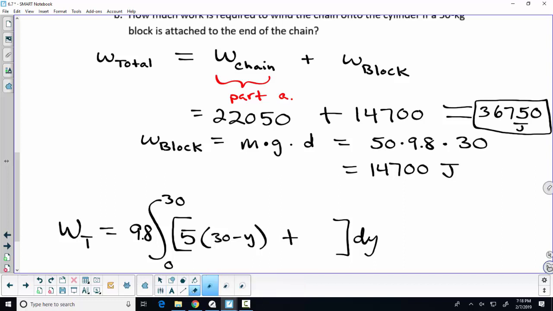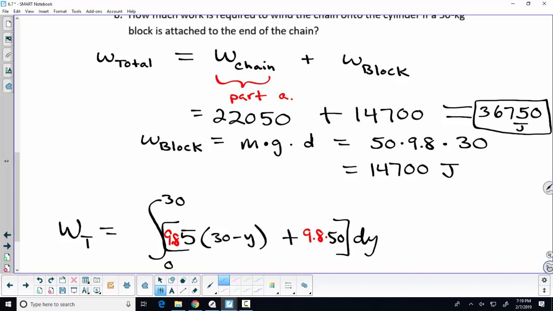Let me do it this way: gravity times all of this, and gravity times this, 50. So notice that would give us the same thing.